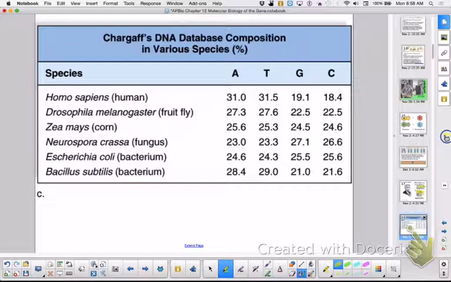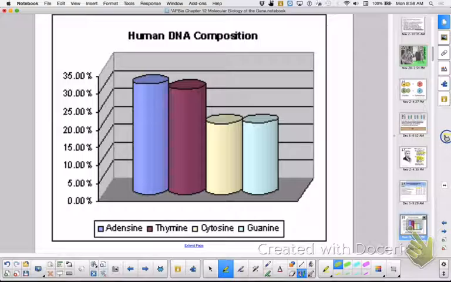Now, is it exactly the same? No, but it's pretty much the same, okay? And we have more A's and T's than we do what? C's and G's, okay? So when you look at the human DNA composition, it looks something like this.